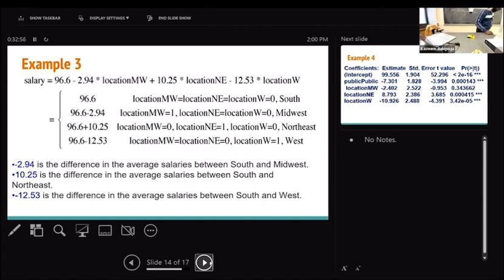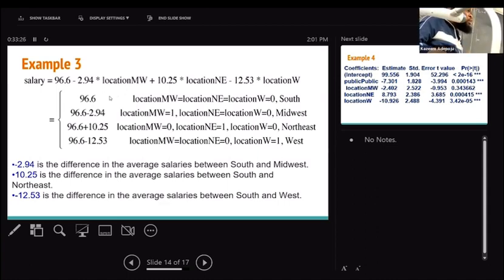This is a fitted model. How do we explain the model? 96.6, what does it represent? Then we are focusing on the one you reference. It means the one that is not showing in the model. What is the value? You're going to put 0 on them, isn't it? So 96.6 now is a situation where the region variables in your model are equal to 0.